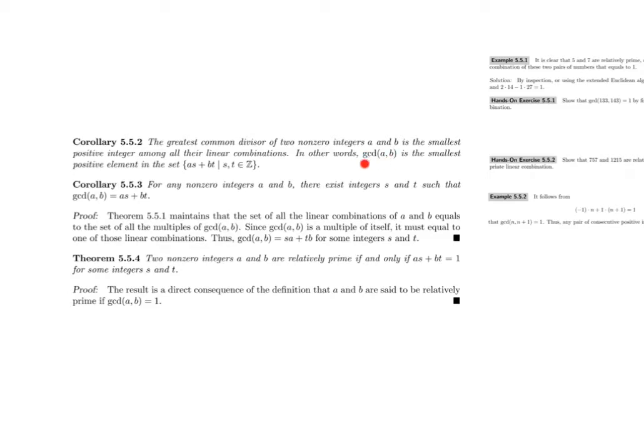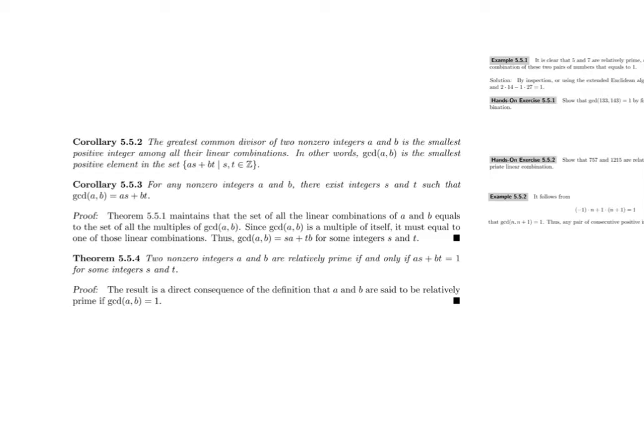So GCD of A and B is the smallest positive element in the set of linear combinations of A and B. And if you have any two non-zero integers A and B, you can find S and T such that GCD of A and B is equal to that linear combination, AS plus BT.